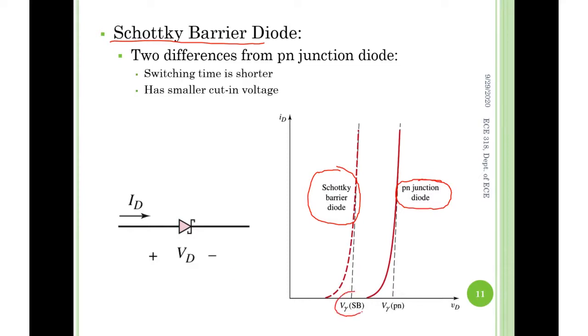The cut-in voltage is different. Not the shape, not the look. It's the cut-in voltage, the nature is different. The cut-in voltage is smaller. Then the question is, is it a good thing or a bad thing? Is it better than the common p-n junction diode or worse than that, and why?